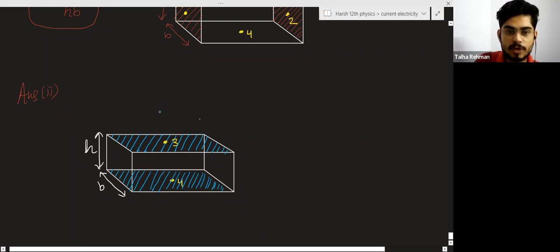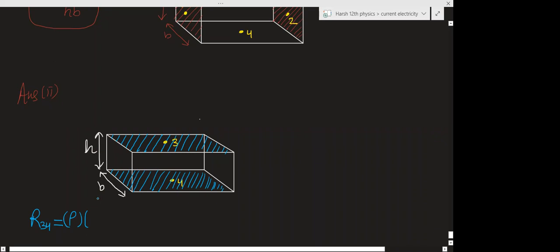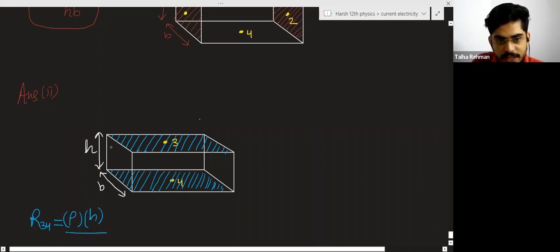So now if you have to find the resistance between point 3 and 4, you will take resistivity rho, and the length between 3 and 4 is H. And what is the area of cross section this time?